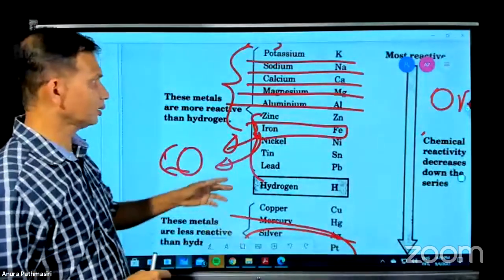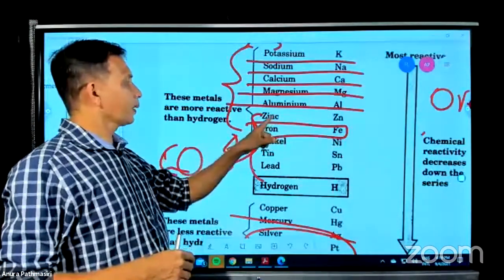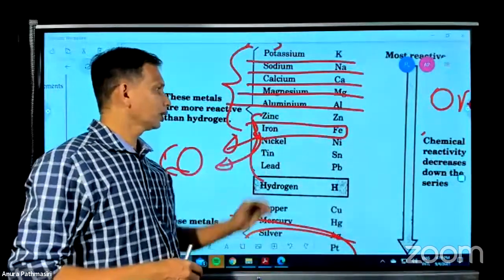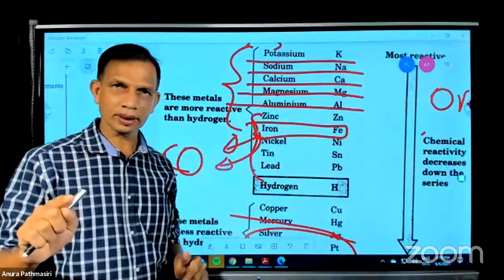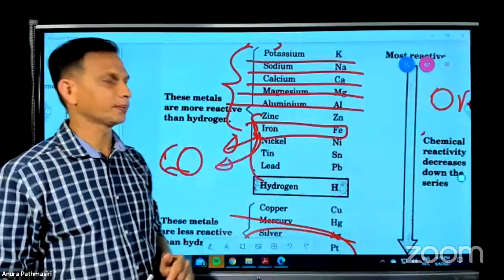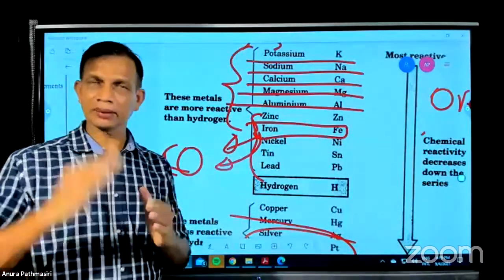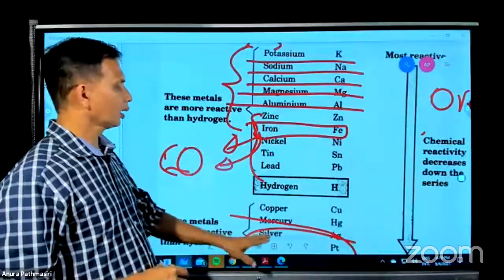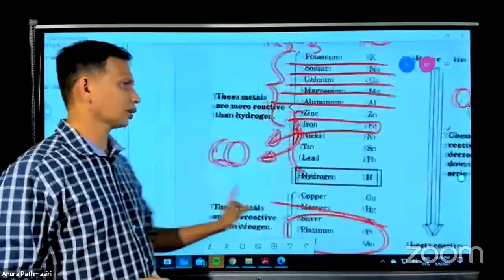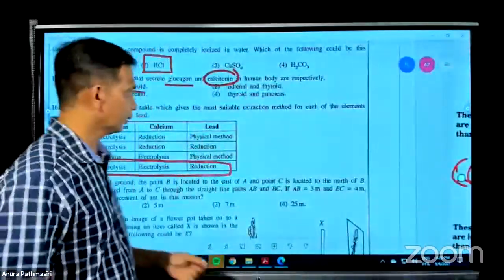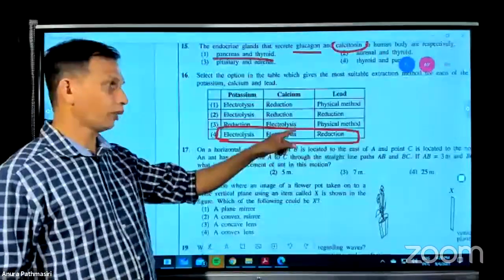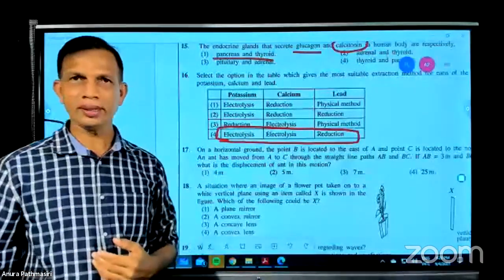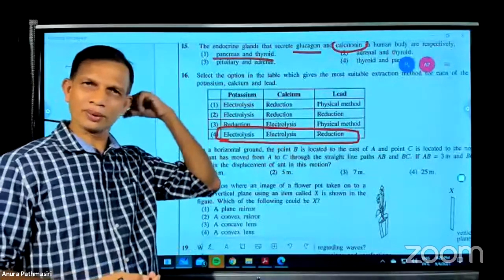Of course, we have not studied yet. The other group, zinc, iron, nickel, tin, lead: representing them, we have to study iron extraction. In grade 10, we have studied them. That is heating with a reducing agent, carbon monoxide, and all the others are just mechanical methods. So one part of this unit is to come in electrochemistry, and one part we have already studied.